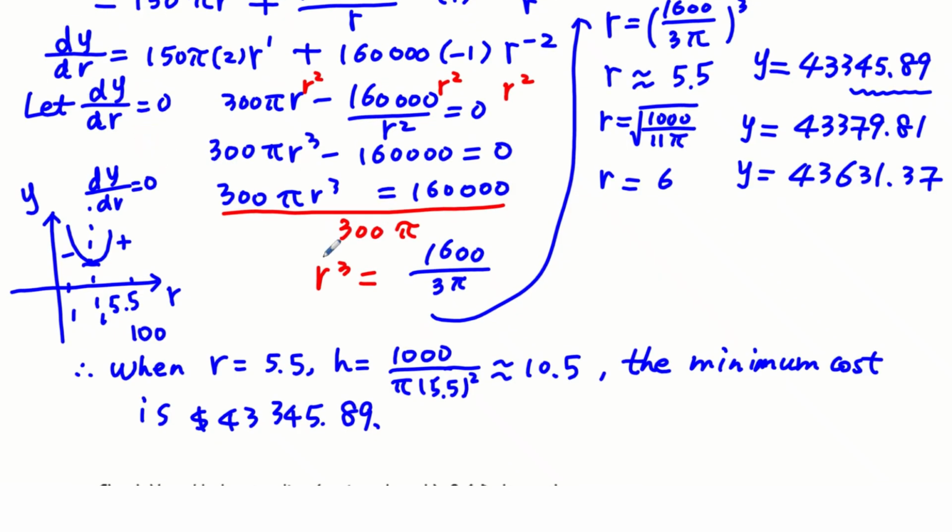So this is all for today's lesson, and from today's lesson we have that from the first derivative equals 0 to find the possible maximum or minimum point, and from the first derivative test, if the first derivative is changing sign from negative to positive, you have the local minimum. If from positive to negative, we have the local maximum.